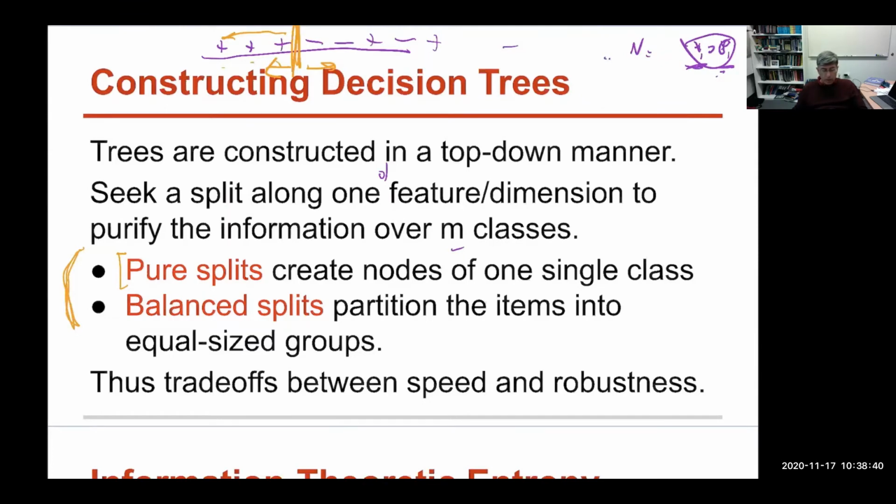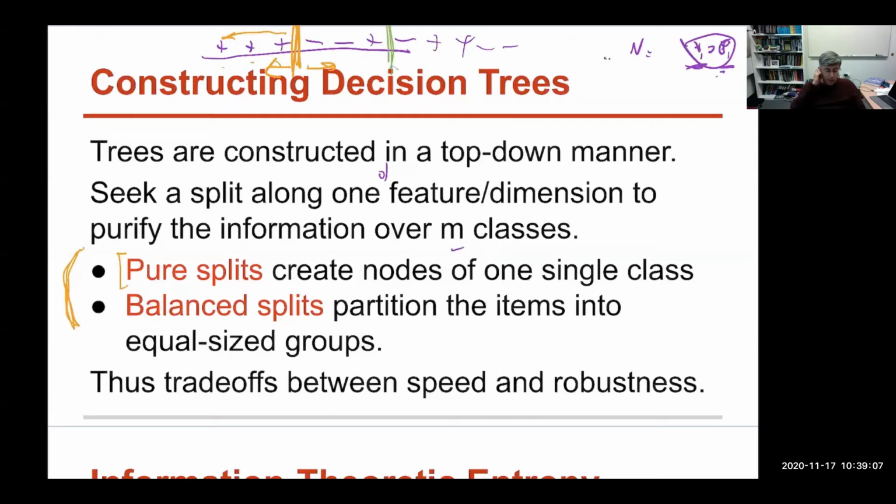Alternately, you might want to make a split where it is more balanced. Let me put down something like that. Maybe you would rather have a split something like over here.